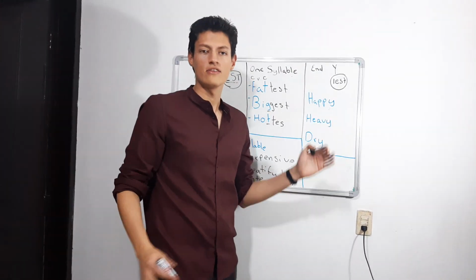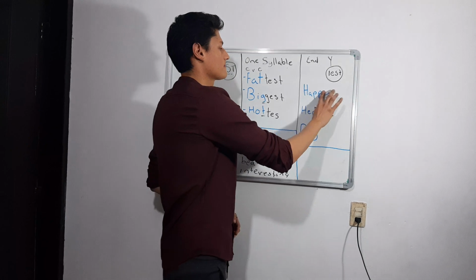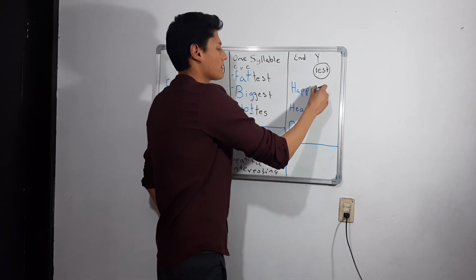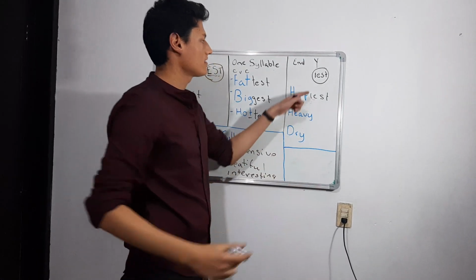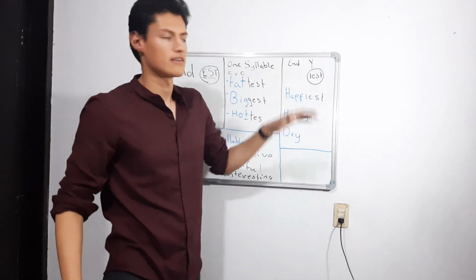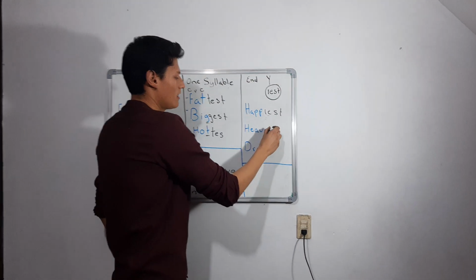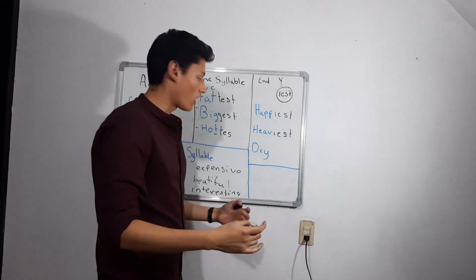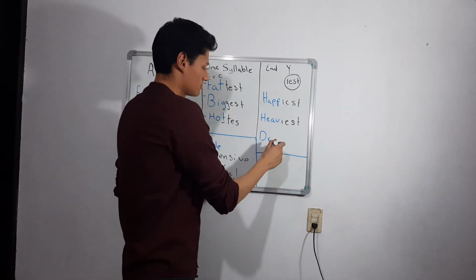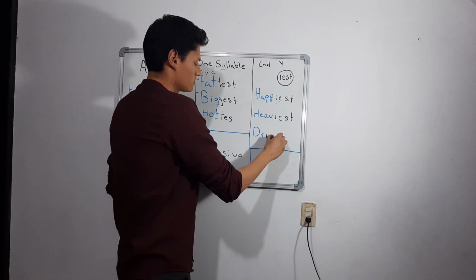The ones that end with y, happy, happiest. We add the letter i: happiest. Heavy, heaviest. Dry, driest.